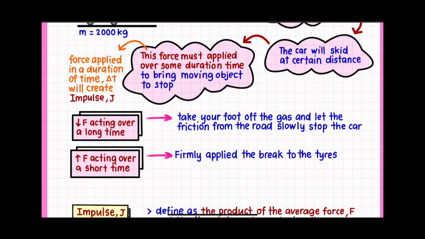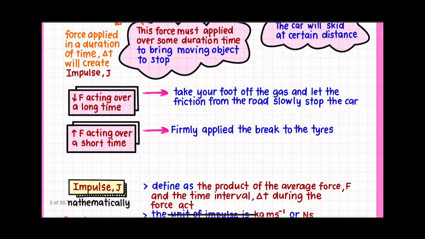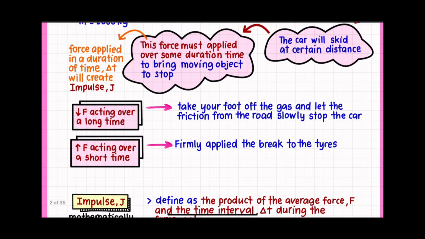But if you firmly apply the brake to the tires, maksudnya you tekan brake, F waktu tu adalah tinggi, akan menyebabkan kereta tu sudden stop, maksudnya berhenti cepat, in a short time. Okay, so kena tahulah force yang kita apply untuk menyebabkan kereta tu berhenti, ada perubahan velocity, maka momentum juga akan berubah. Bila momentum berubah, maka dekat situ kita boleh katakan impulse akan terhasil.